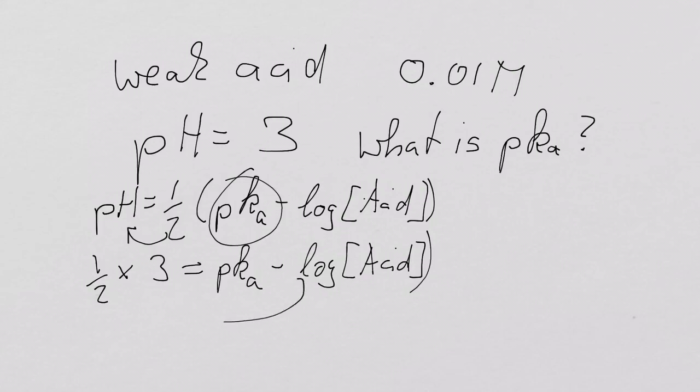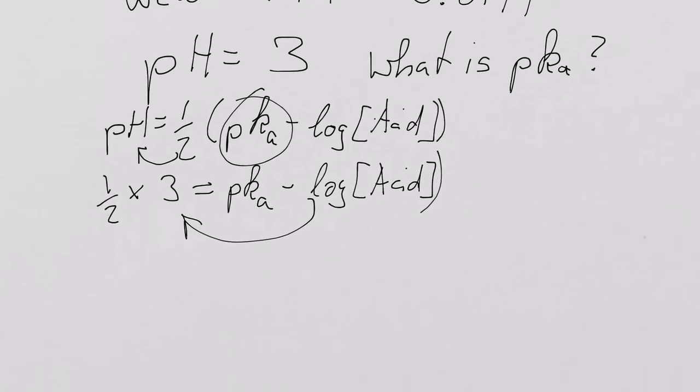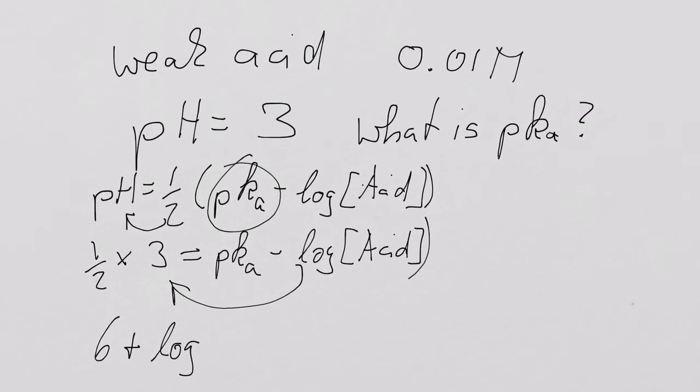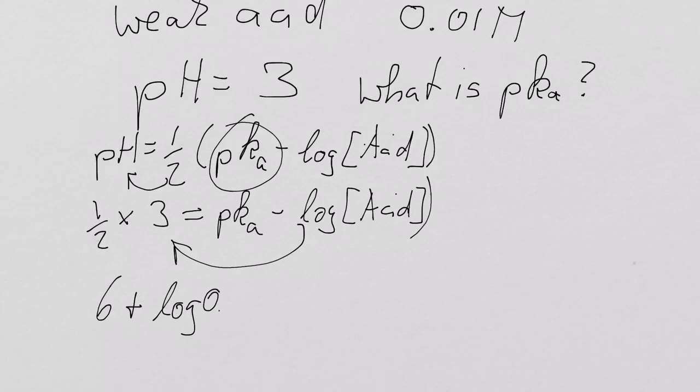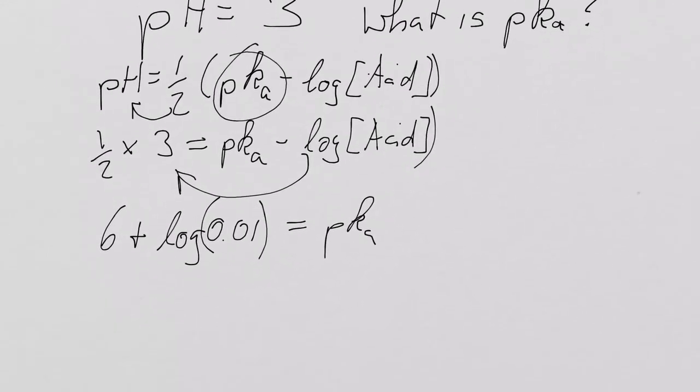Now we bring that to the other side, and we have 6 plus log of, what was our concentration? 0.01. That's our pKa. Log 0.01 is minus 2, so 6 minus 2 equals 4, and that is our pKa.